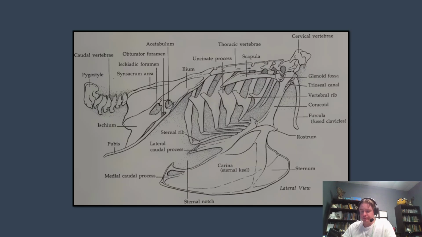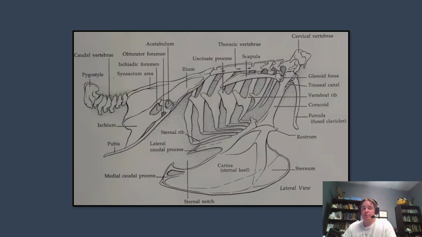And this is important for some of the muscles that are associated with respiration. And this is reflected in the anatomies of various birds. Birds such as diving birds, which have some very specific sorts of respiratory demands, have very long uncinate processes.